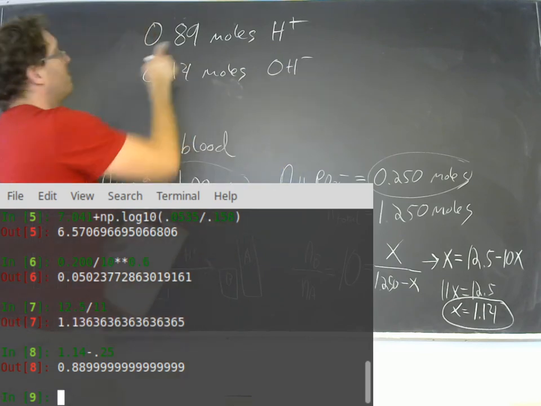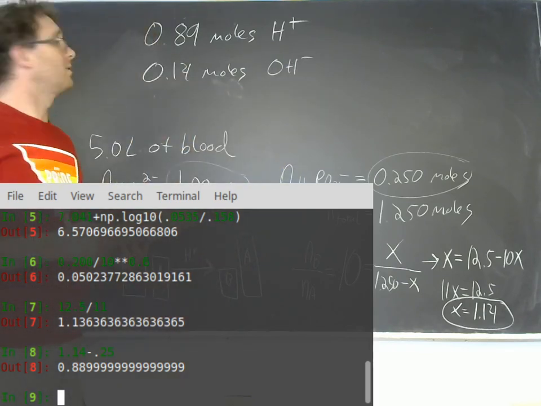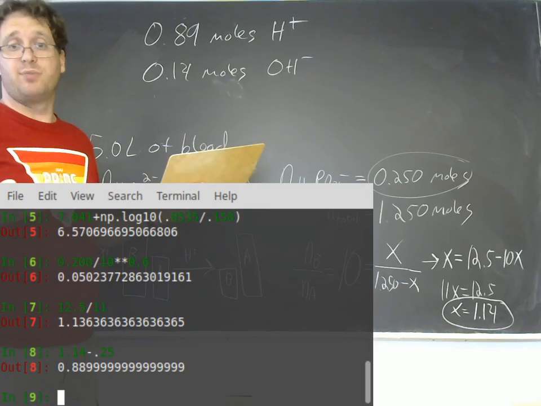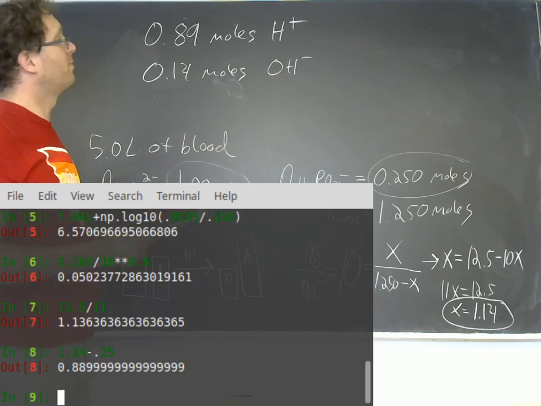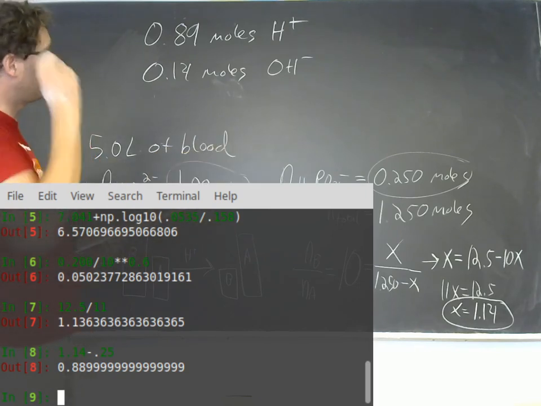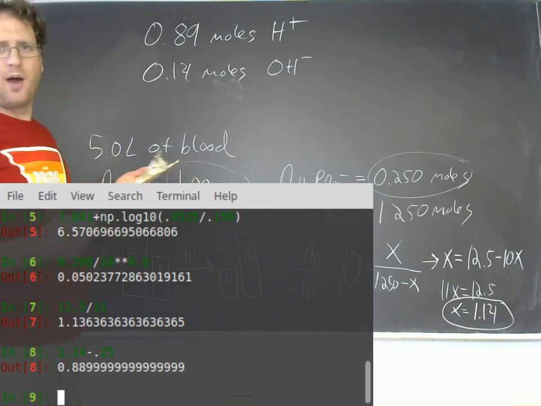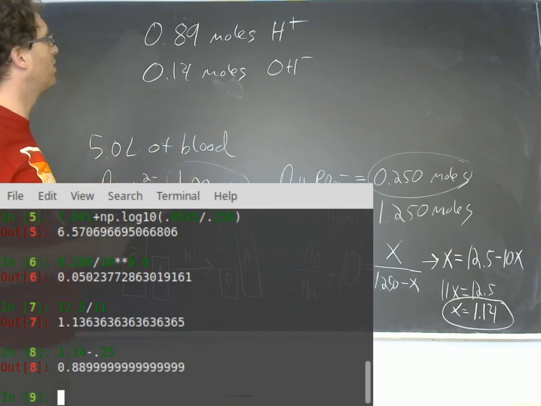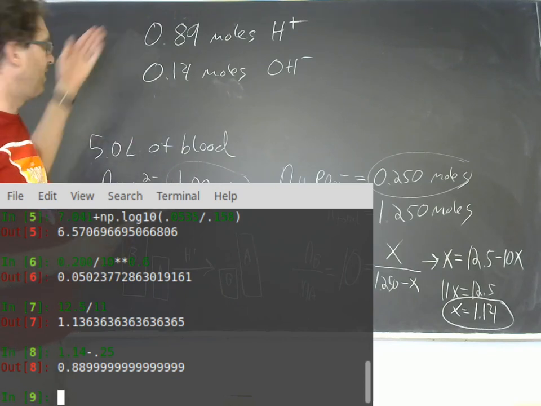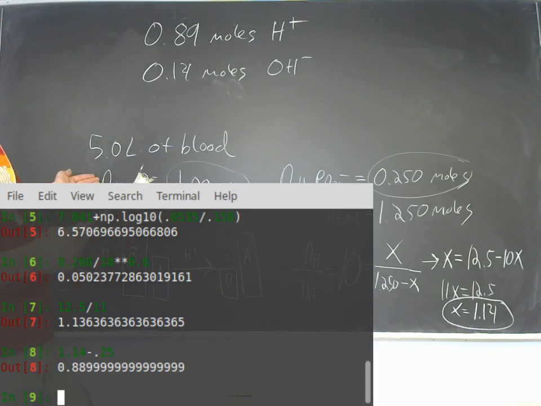That's how much OH minus 5 liters of blood could be given before the buffer capacity is exceeded. And you'll notice our blood is more strongly buffered against acid. That's because it had more of the conjugate base to do the buffering.